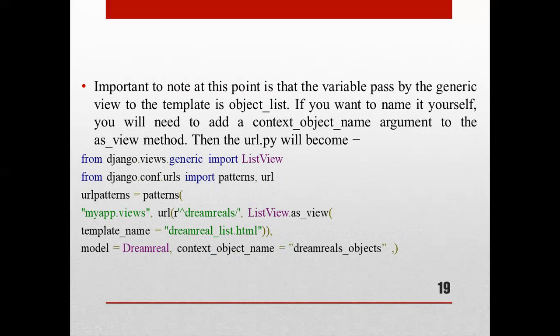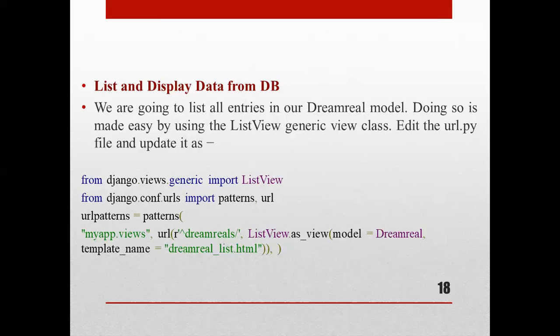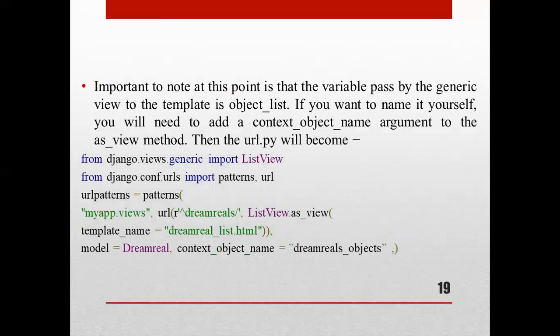At this point, the variable passed by the generic view to the template is object_list. If you want to name it yourself, we need to add a context object name argument to the as_view method. Then you can write like this.